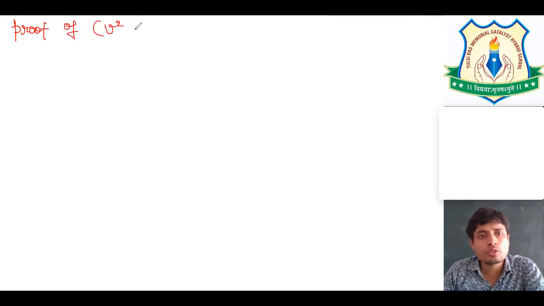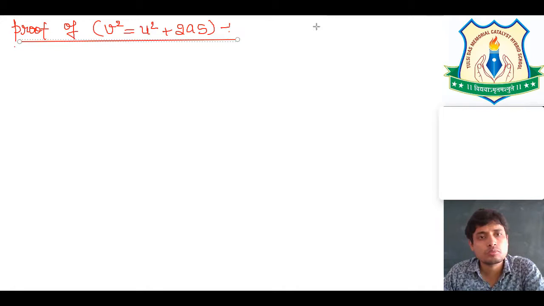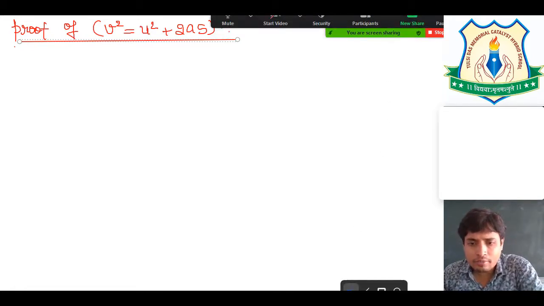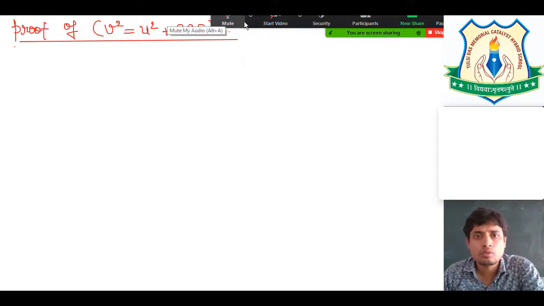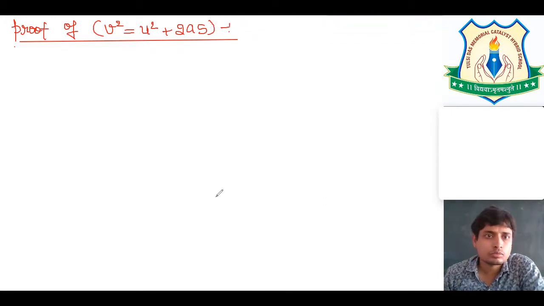v square is equal to u square plus 2as. You can see here there is a square of the final velocity.